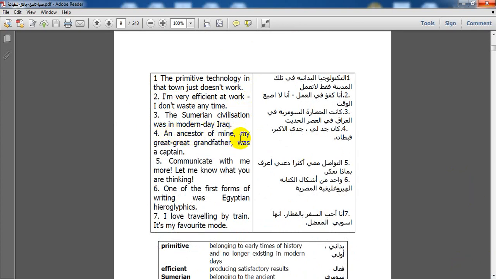An ancestor of mine, my great-great-grandfather, was a captain. 5. Communicate with me more. Let me know what you are thinking. 6. One of the first forms of writing was Egyptian hieroglyphics. 7. I love traveling by train. It's my favorite mode.